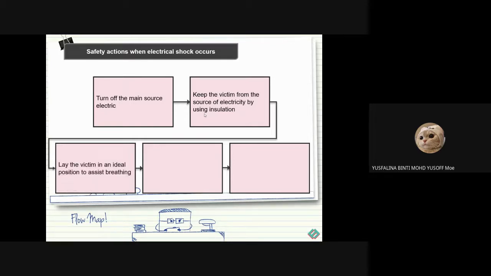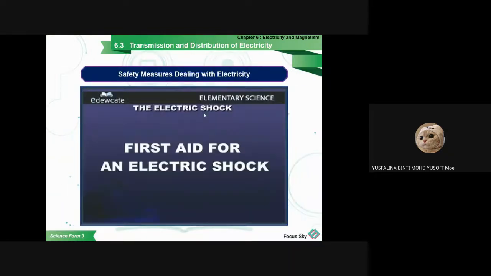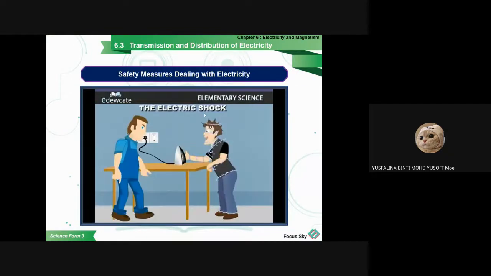Lay the victim in an ideal position to assist breathing, and if the victim is not breathing, apply artificial respiration at once. This one you just blow air into the mouth or nose. And call an ambulance. These are the safety measures for electric shock.